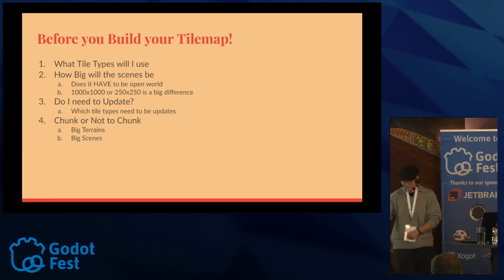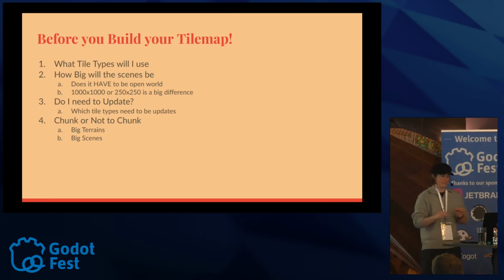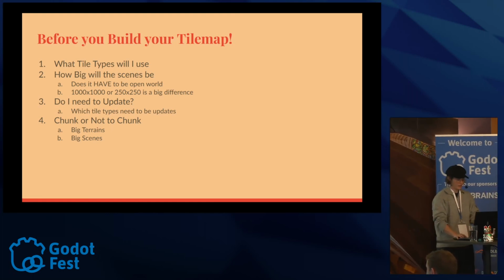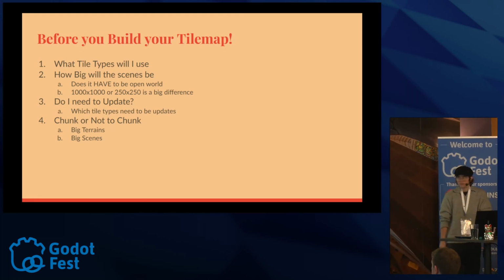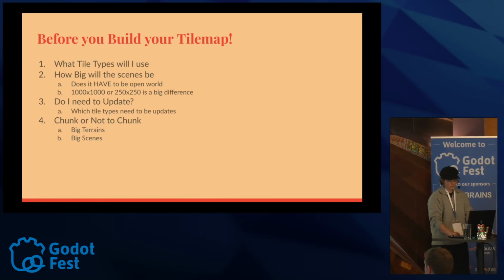But if you're digging the grass and you want sand to come over, you're updating the terrains, and the terrains kind of update as a chunk. So that adds a lot more complexity. And chunk or not to chunk: when you have big terrains and big worlds, you're probably going to want to chunk it up.